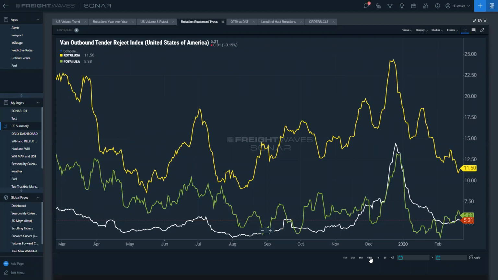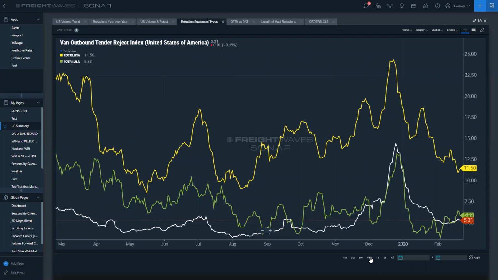You can see the yellow line is refrigerated rejections, the green line is flatbed, and the white line is van. Like I said, this is electronically tendered freight that we receive, and it is updated every 24 hours. Van and reefer you can break down into our market size, but flatbed is only available on the national level.